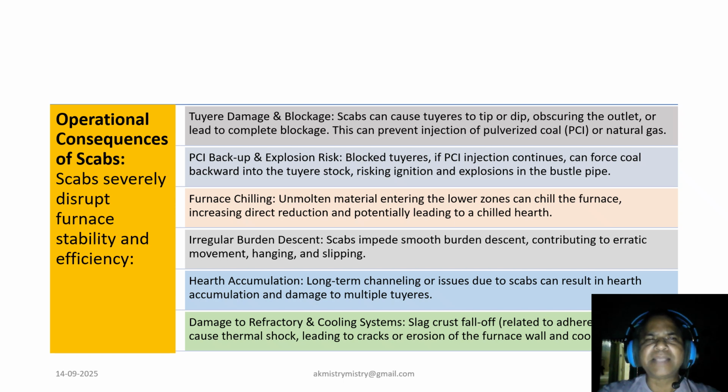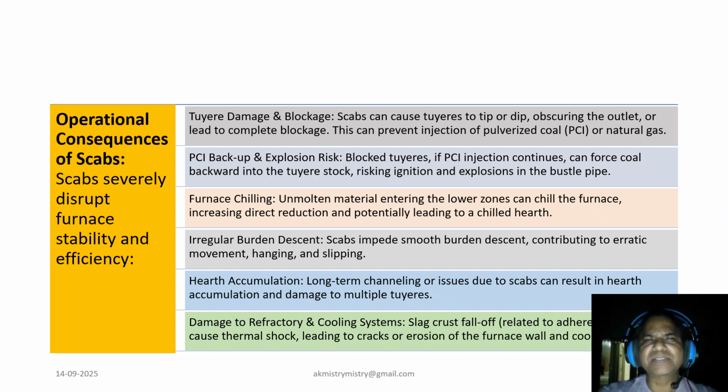High levels of alkali and zinc in the burden are also known to promote adherence. Excessive moisture input from the raw material or injected, prolonged drying, potentially shifting reduction zones and causing irregular burden descent are the primary causes.